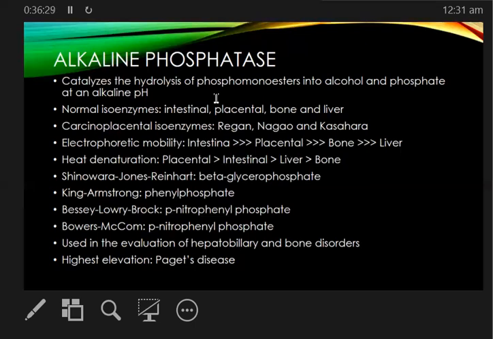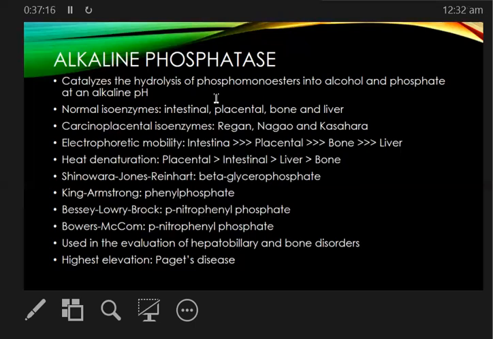Since we are talking about your isoenzymes, it is important for us to be able to characterize them. There are two ways by which we can normally characterize your ALP isoenzyme. We have your electrophoretic mobility.